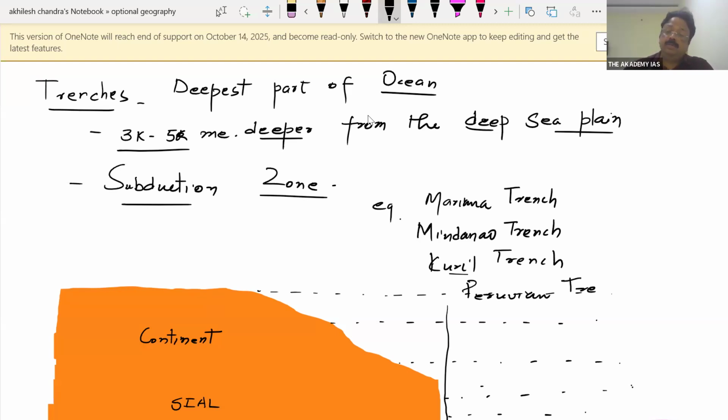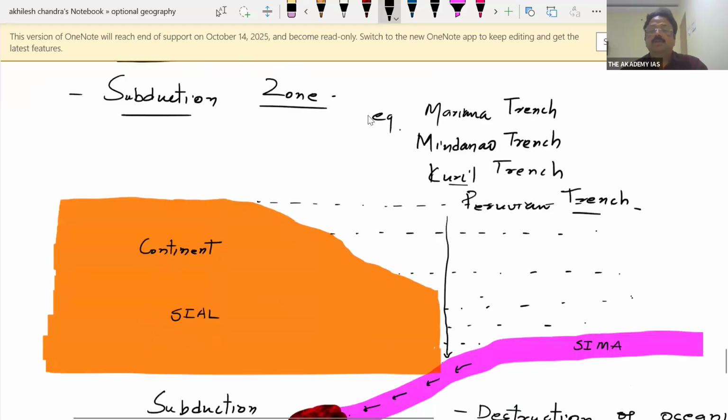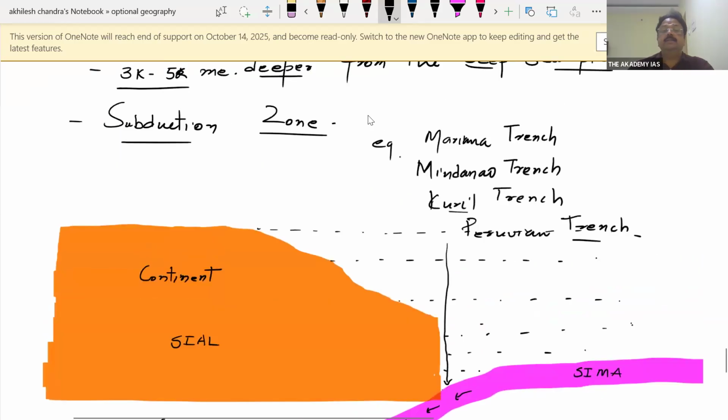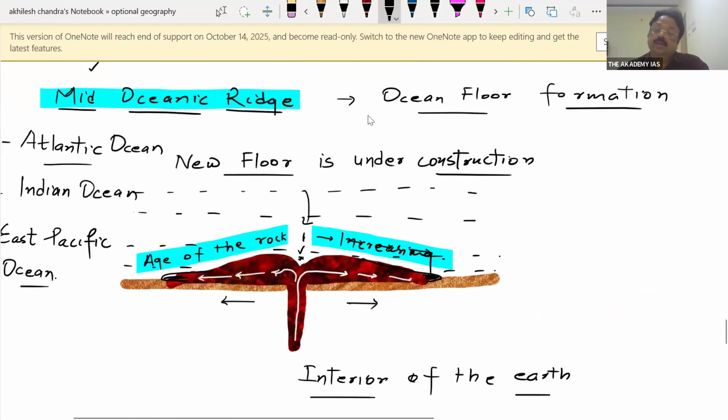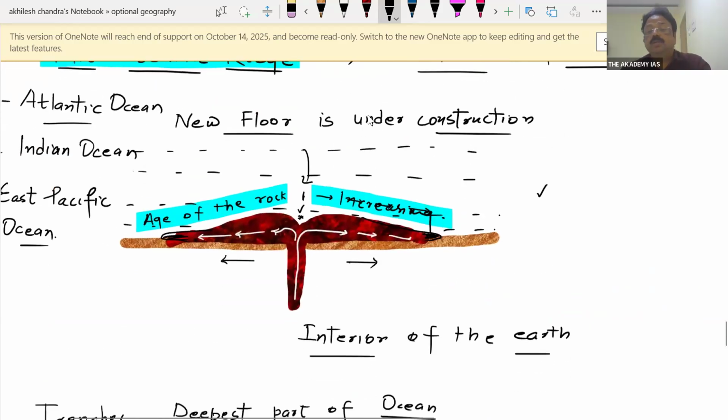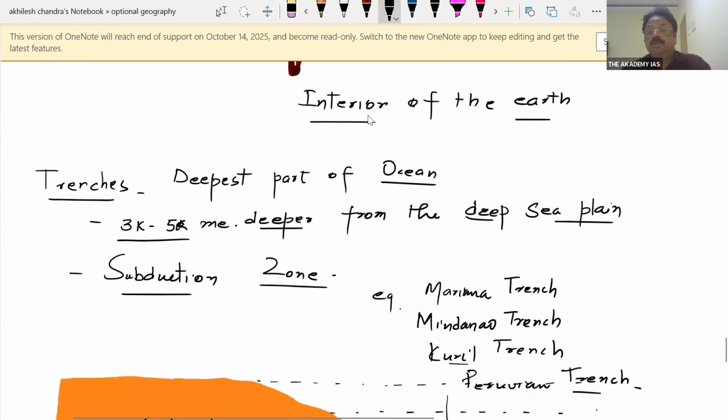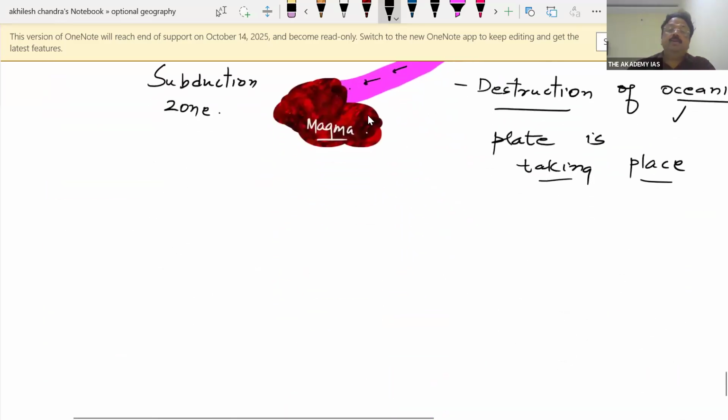These are the deepest trenches, and there are many more, but to remember, these are the trenches. So first one found was the mid-oceanic ridge, another was trenches. And then what was done after knowing this about the ocean floor?